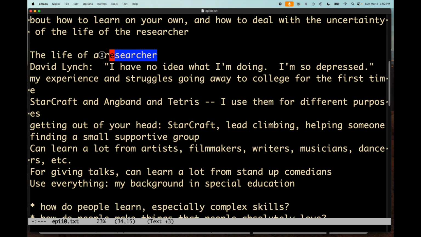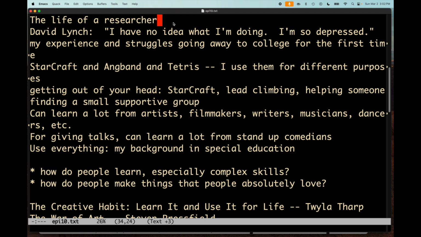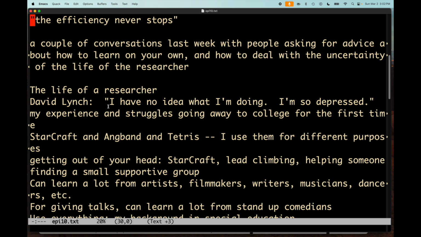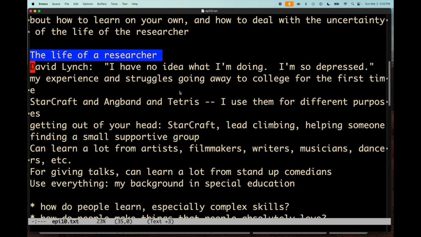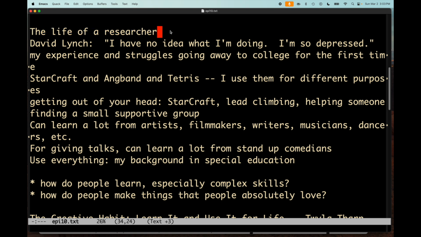And I think, once again, that's something that never stops. The life of a researcher, and that doesn't mean, by the way, that you have to be an academic researcher. That doesn't mean that you have to have a job that has researcher in the title or anything like that. It just means that you were doing research and you were in that mode and working in that mode.